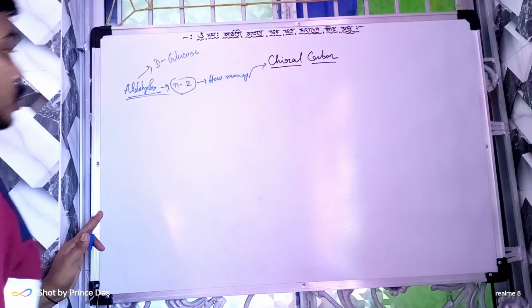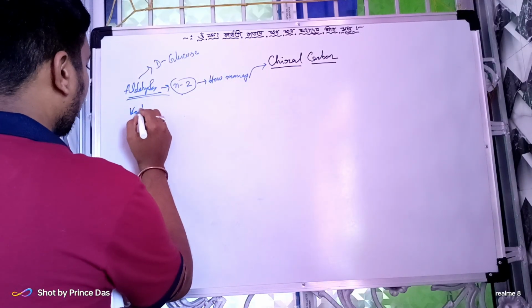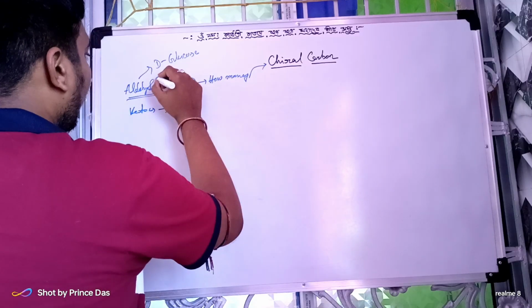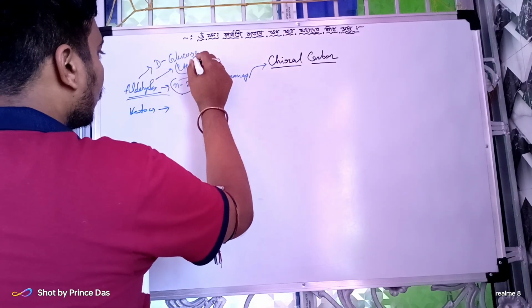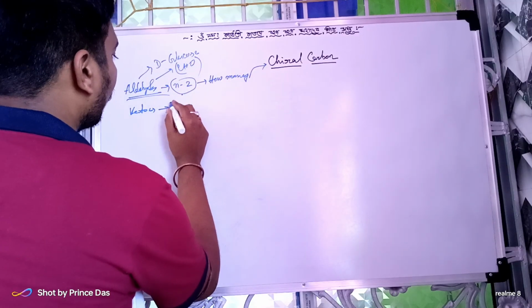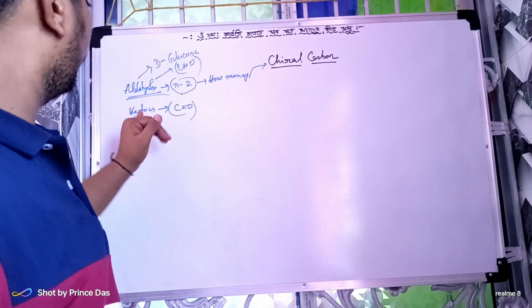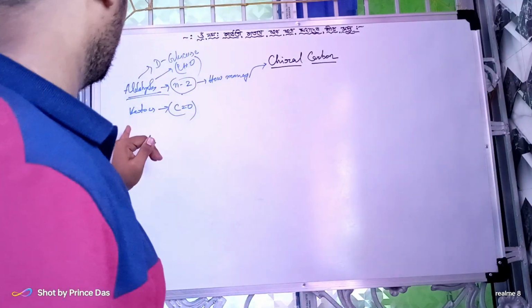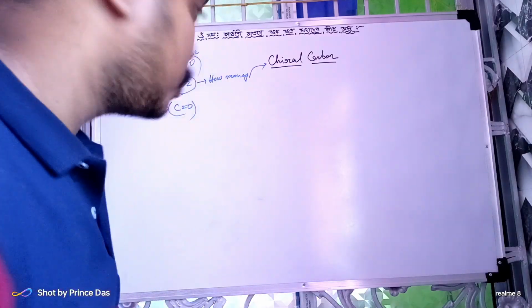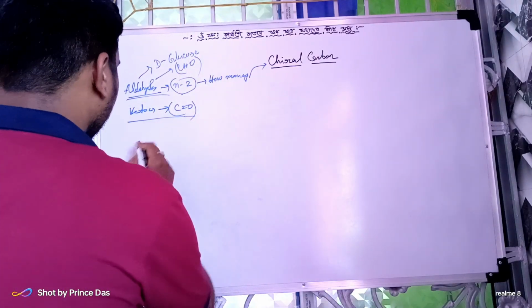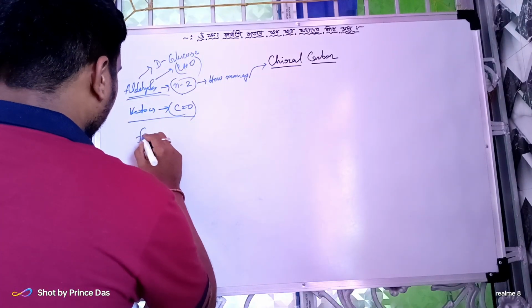So what about ketose? Aldehyde means CHO, keto means C double bond O. Okay, so can you imagine an example of a keto carbohydrate? Can you imagine? Yes, fructose. You're right. Fructose.